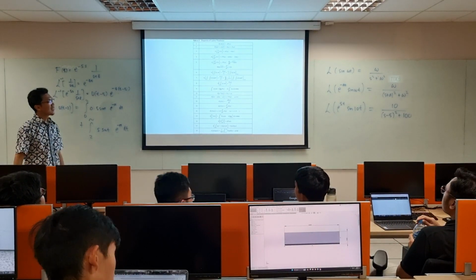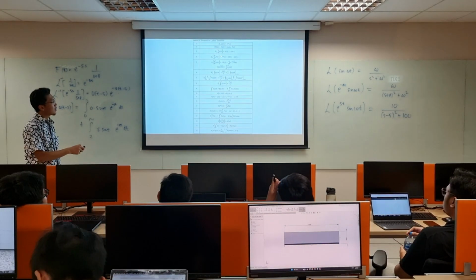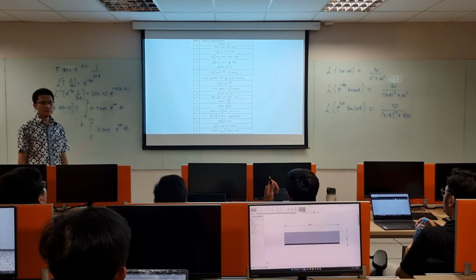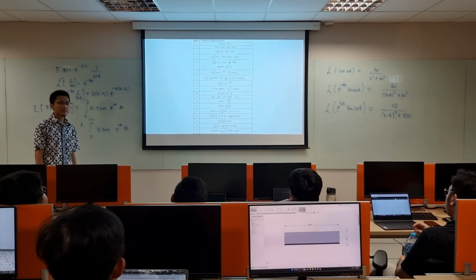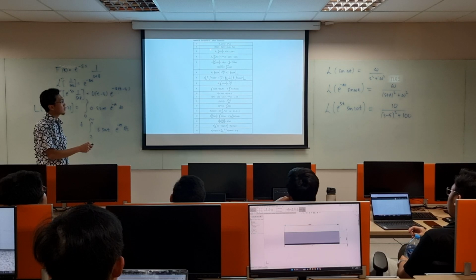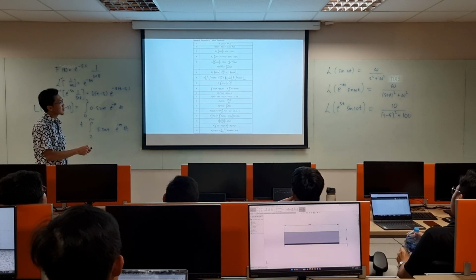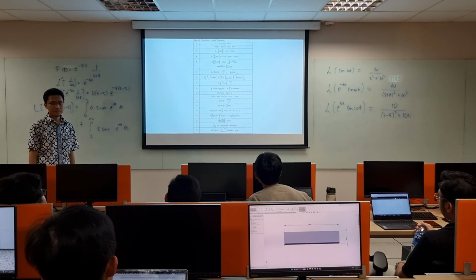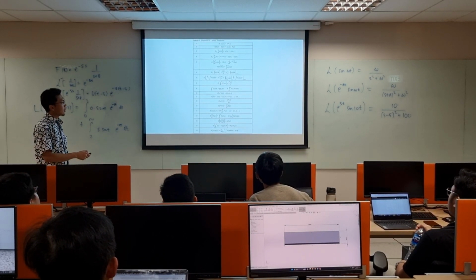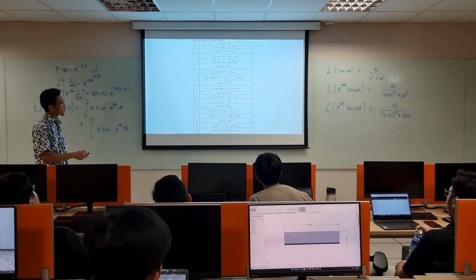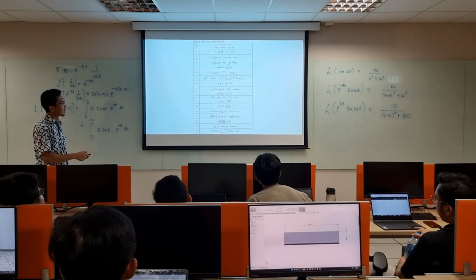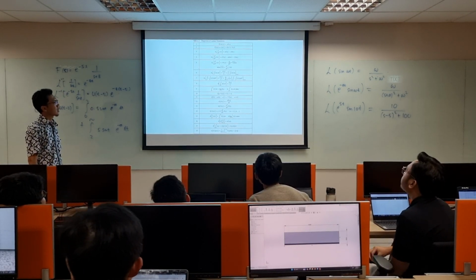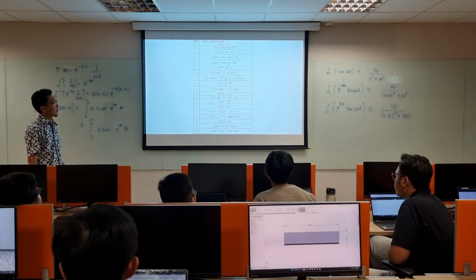Numbers 3, 4 and 5 are the Laplace of derivative. Numbers 6, 7, 8 are the Laplace of integral. And then this one, number 9.